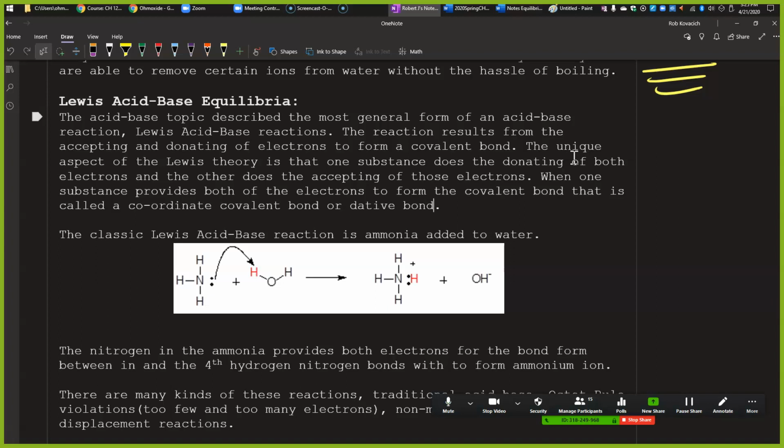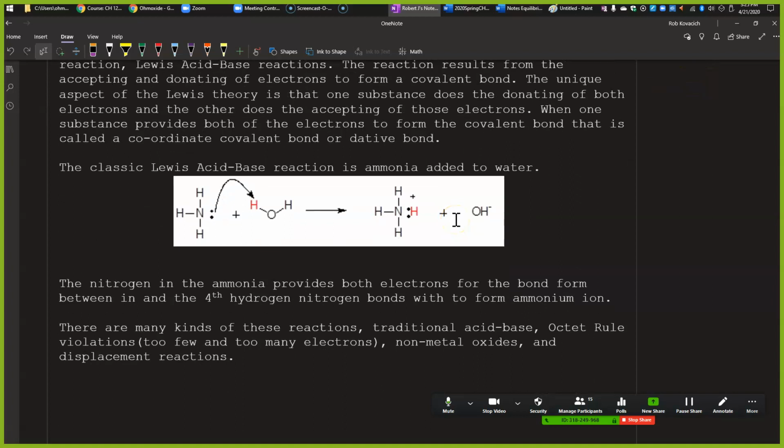Okay, Lewis base equilibria. So we saw this, and we've basically already talked about this stuff. It's just how the equilibrium is affected by the fact that these things are Lewis bases or acids. It's really not a big deal. It's the fact that this lone pair of electrons, and so in this case, the nitrogen's acting like what?